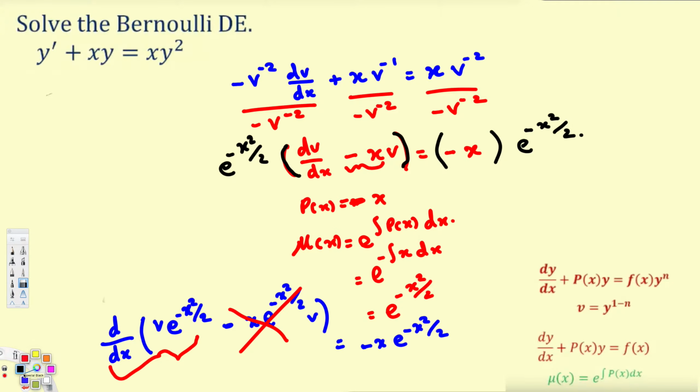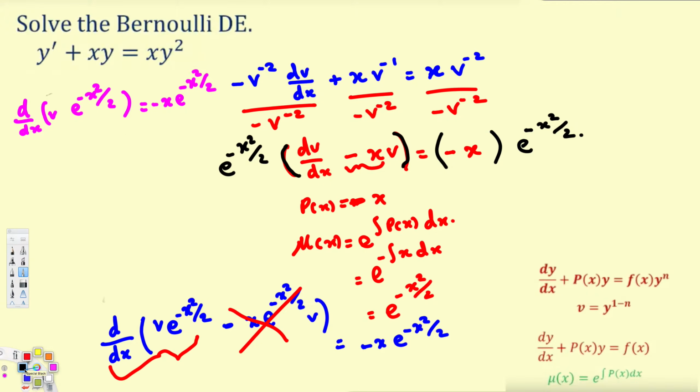Okay, let's continue right here. So here we are going to have d/dx of v e^(-x²/2) is going to be equal to minus x e^(-x²/2).